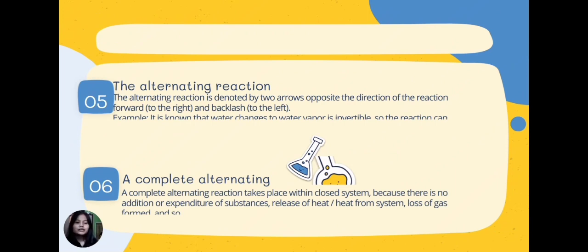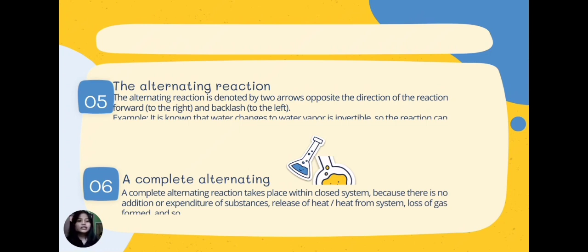Okay, next, the alternating reaction. The alternating reaction is written with two arrows in opposite directions: the forward reaction to the right, and the backward reaction to the left.